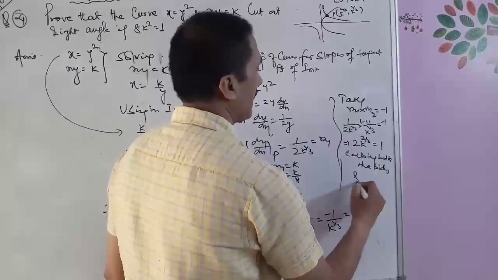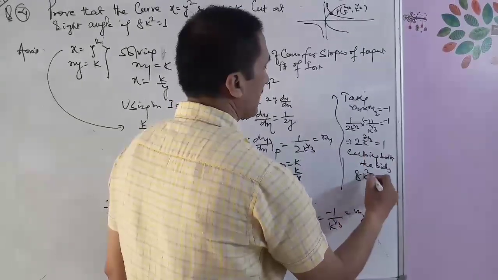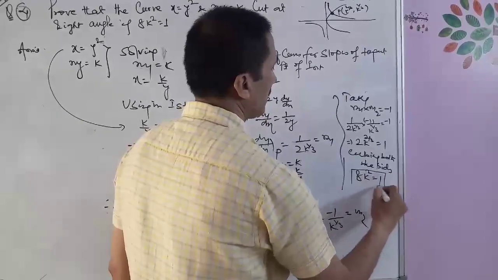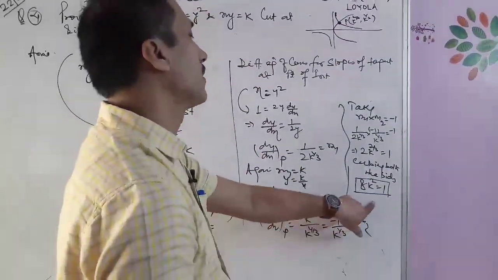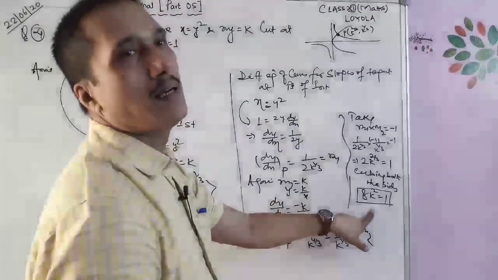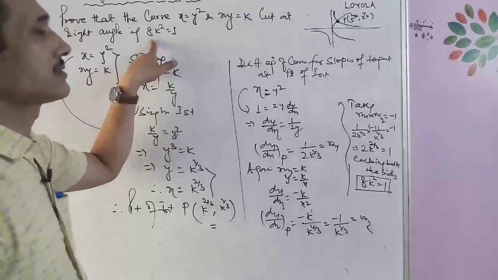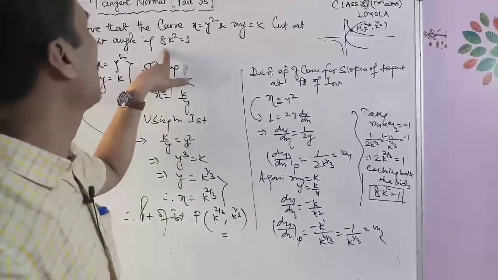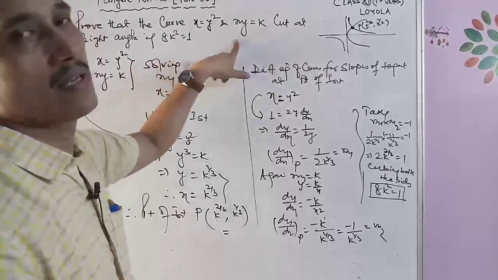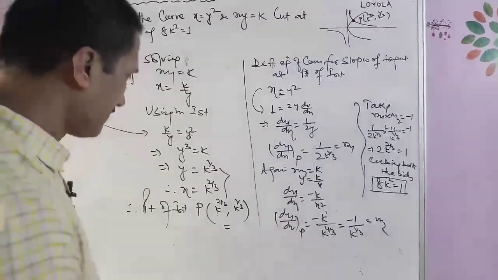Here 2 cube is 8 and this will become k square equal to 1, that is 8k square equal to 1 or k square equal to 1 by 8. This will be the required condition for orthogonal intersection of these two curves, x equal to y square and rectangular hyperbola xy equal to k.